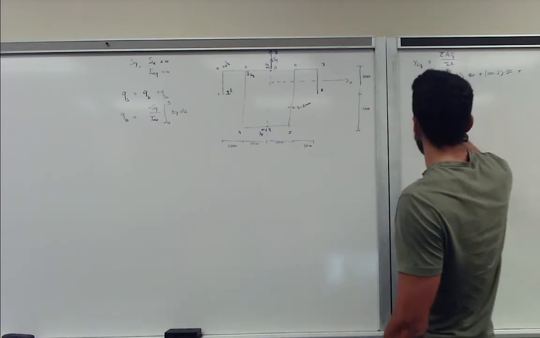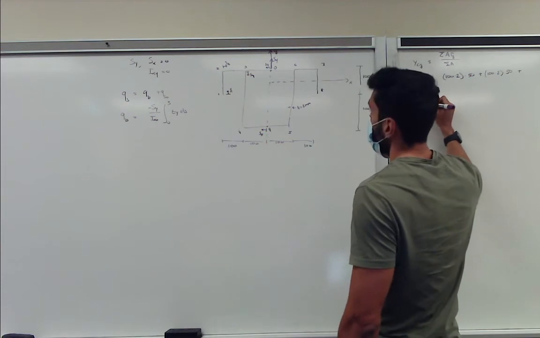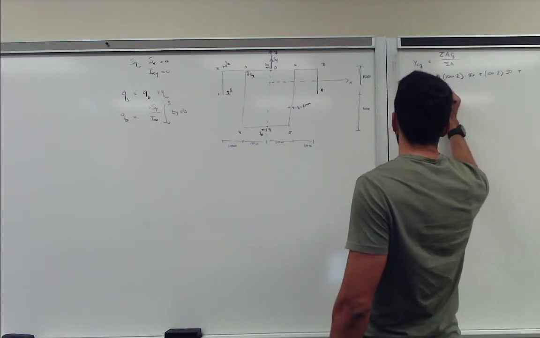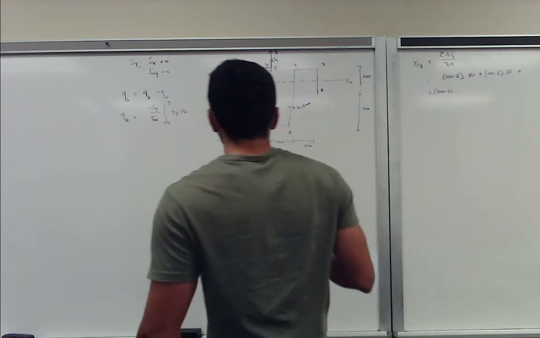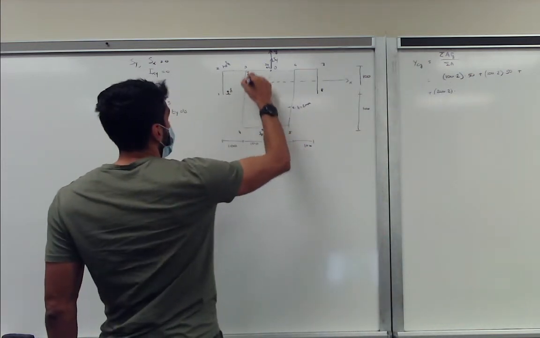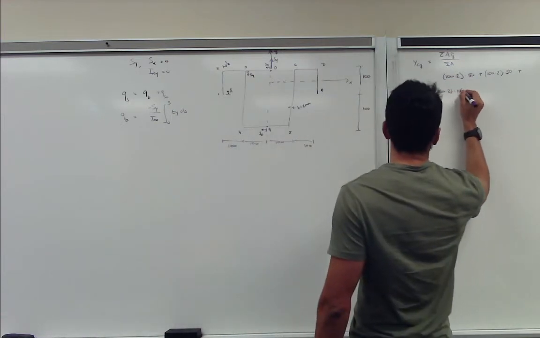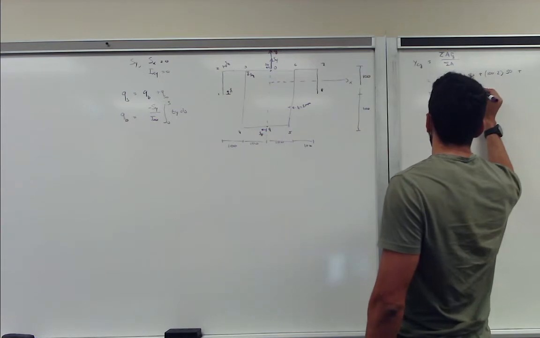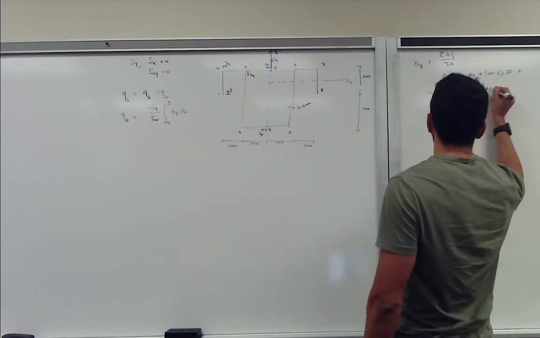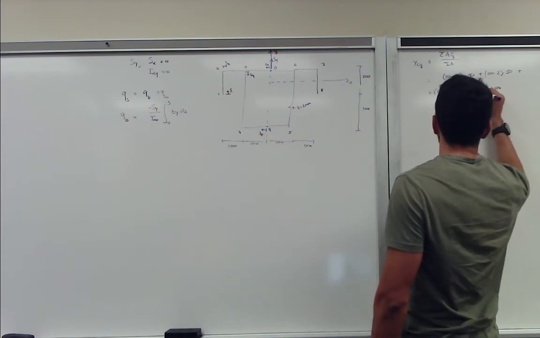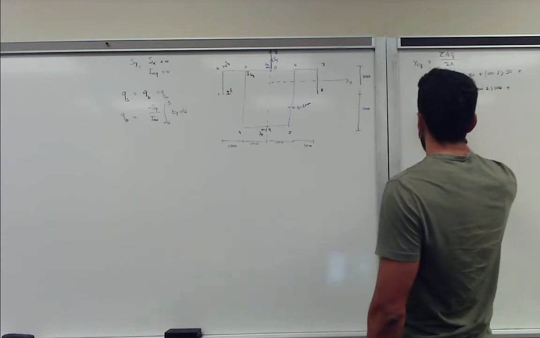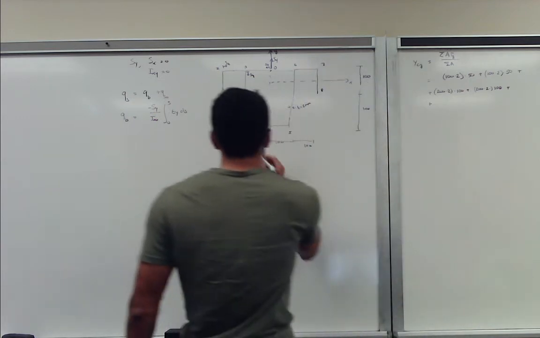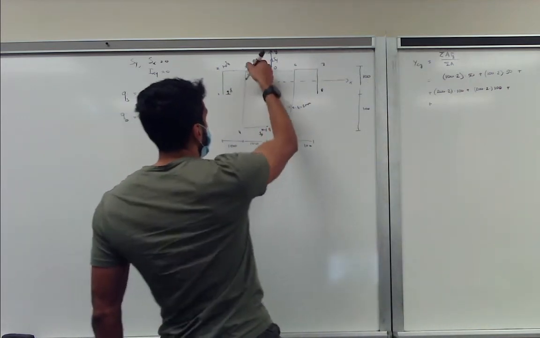Okay, so that ends there. So this is segment 3.4. That's 200 times 2, and its centroid lies at 100 from the top, so we multiply by 100. Segment 6.5 is the same as 3.4, so 2 times 100. And then we have segment 4.5, whose centroid lies here, 200 from the top.